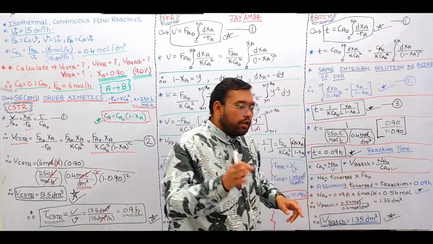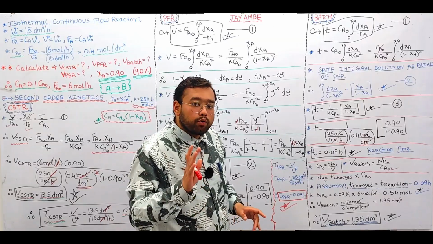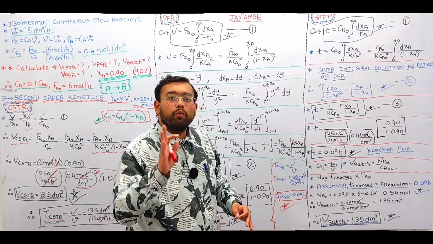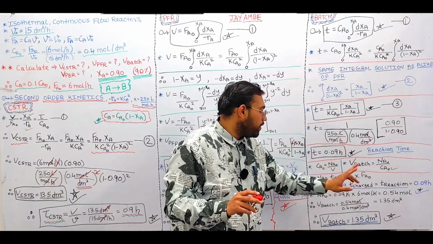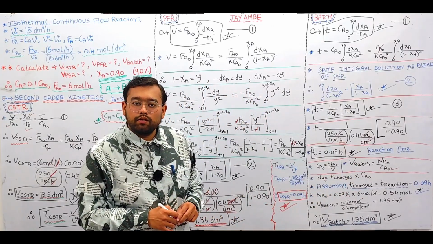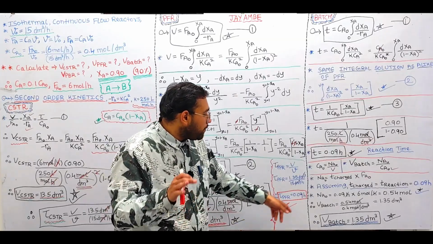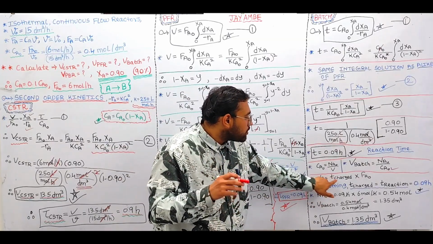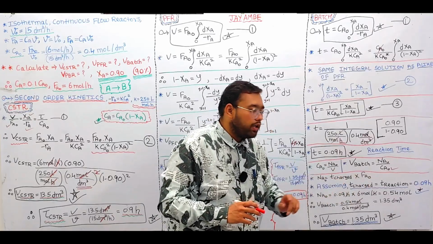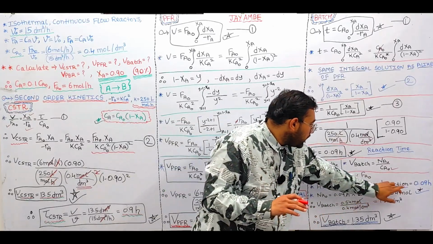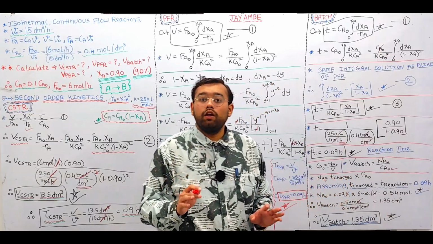Initial number of moles is the product of the charge time and the molar flow rate. Here I am assuming that the charge time is equal to the reaction time, which is 0.09 hours.